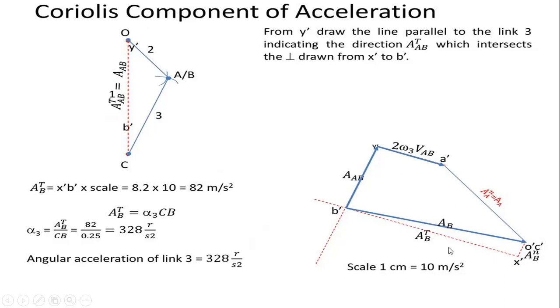So x dash b dash into the scale. The x dash b dash has been measured as 8.2, and the scale is 1 centimeter equal to 10 meters per second square. So 8.2 times 10 is a total of 82 meters per second square.